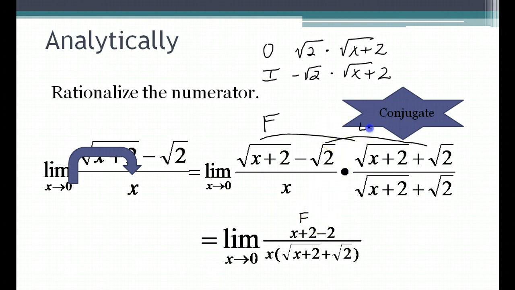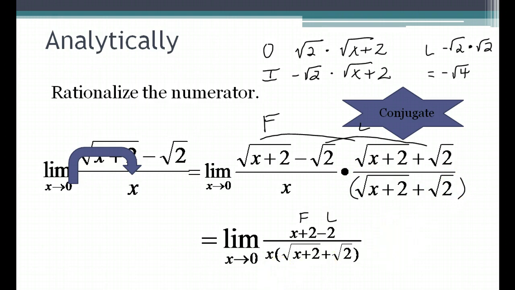And then finally the last gets me a negative root 2 times a positive root 2, which would be a negative root 4, which ends up with our negative 2 down here. So we're now down to a much simpler process in the numerator. The denominator I don't do anything with. I just sit the x next to the new denominator.